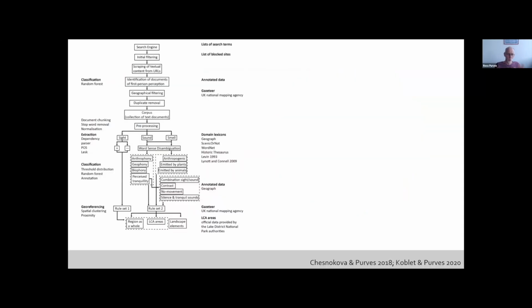If we then look at what we actually have to do, this flowchart is just really supposed to show you that there's quite a lot of steps involved in doing this sort of analysis, because it's quite challenging to extract these descriptions.